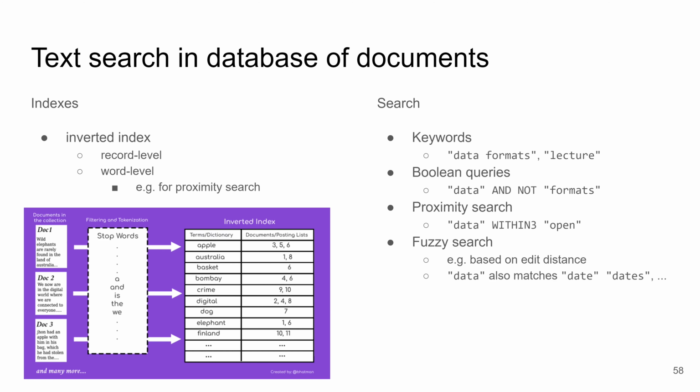There are two levels of the index. It can be record level, which is what I just talked about, and what is also seen in the example.